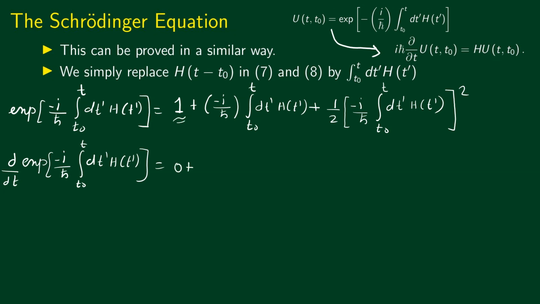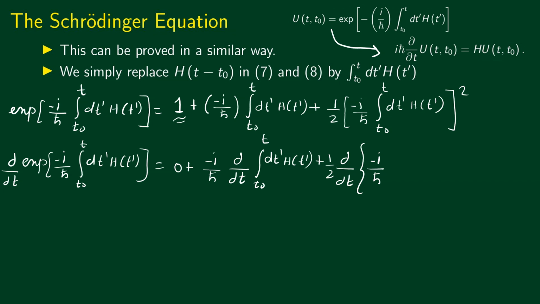The second term, let me write it as minus i by ħ times the partial time derivative of the integral t0 to t dt' H(t'), plus one half times the time derivative of the square of this integral.